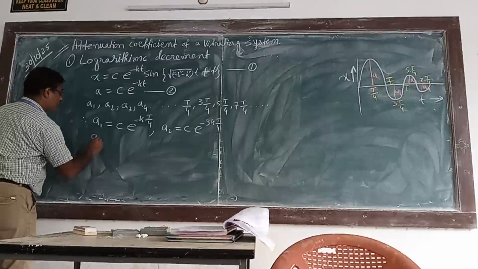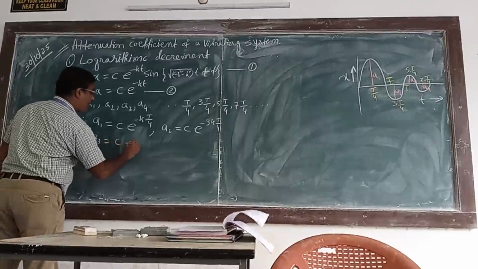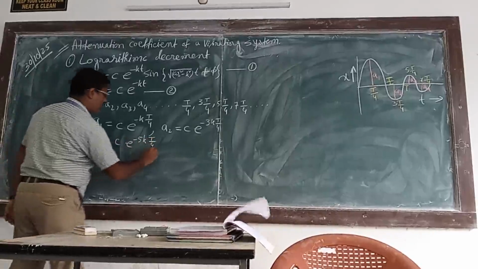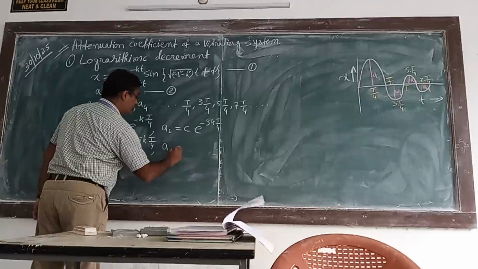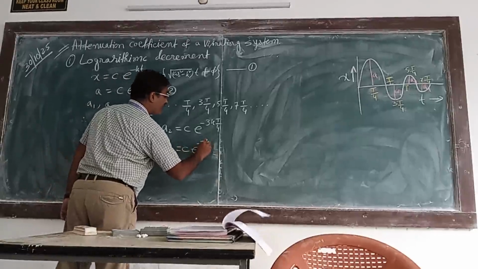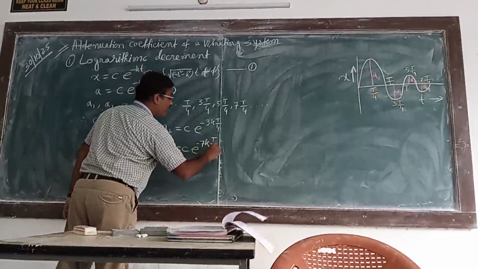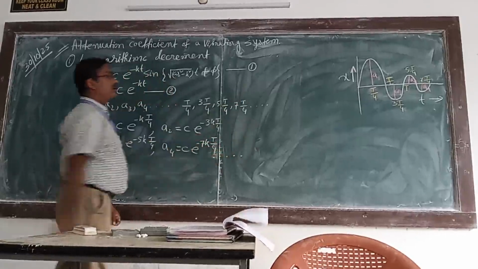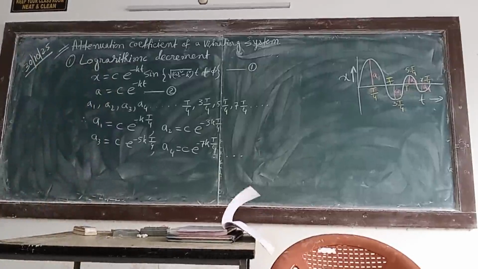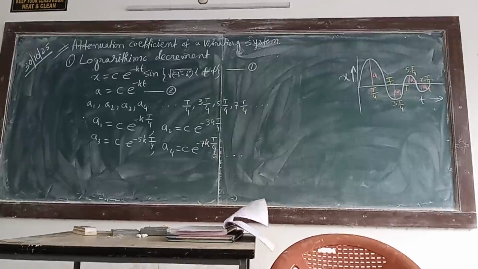A3 equals C e to the power minus 5kT by 4. Similarly, A4 equals C e to the power minus 7kT by 4. So these are the successive amplitudes.